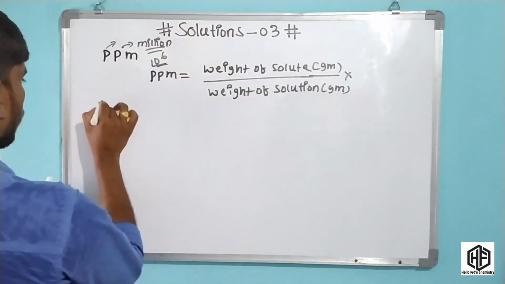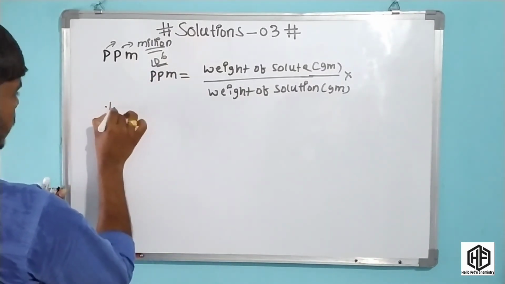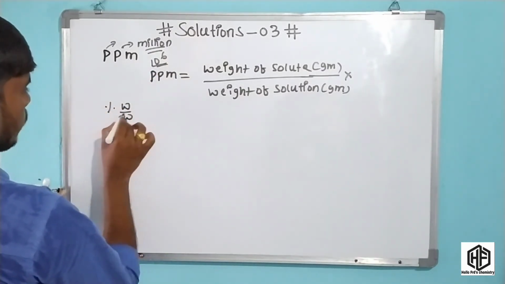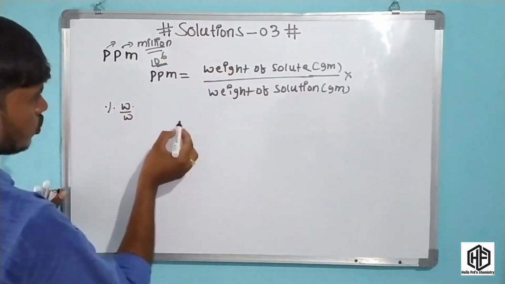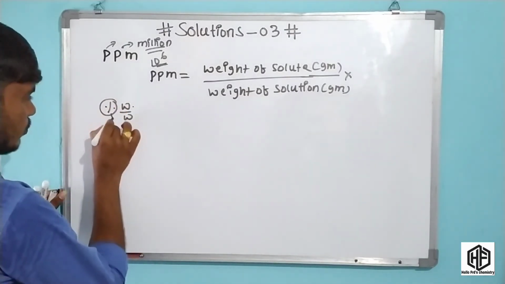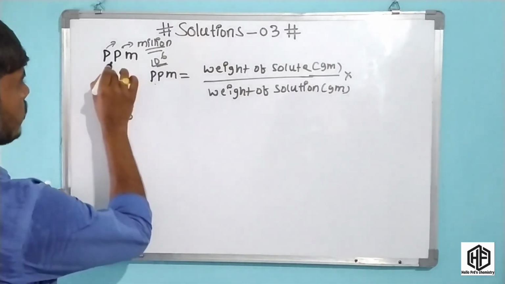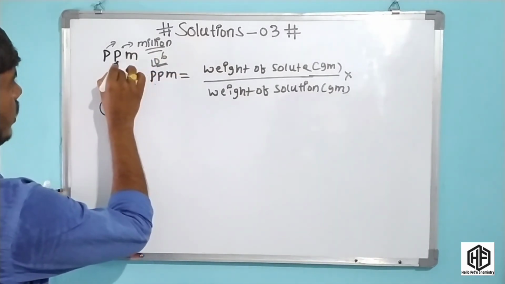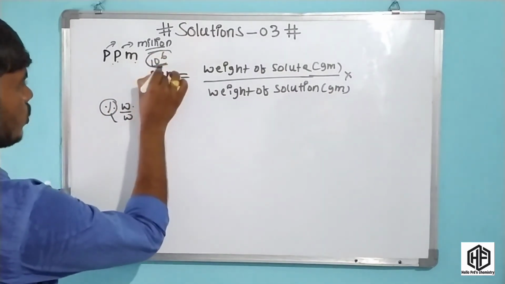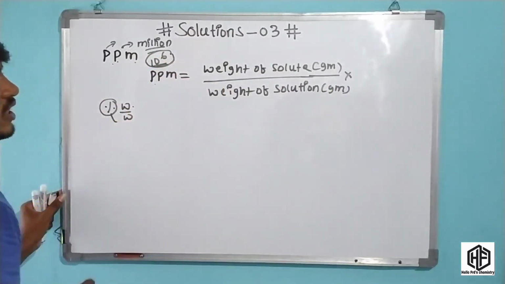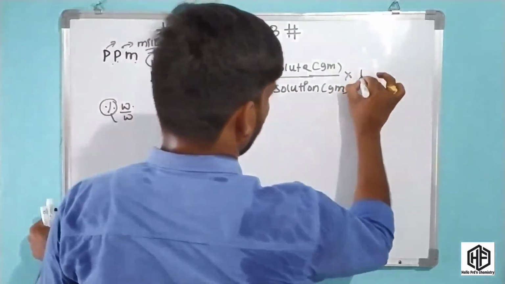For example, in percentage weight by weight, weight of solute by weight of solution is multiplied by 100, but for ppm, which is parts per million, the term is multiplied by 10 to the power of 6.